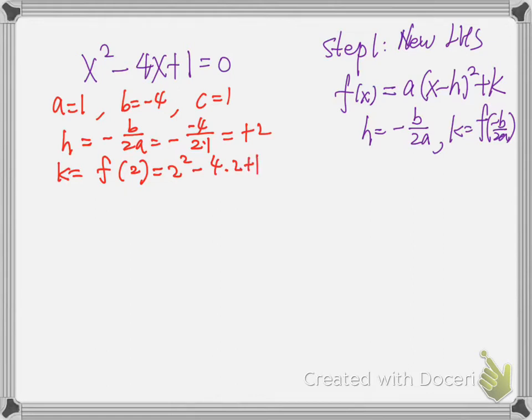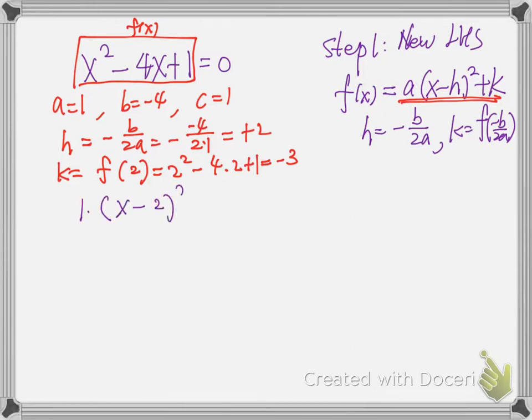So this is 4 minus 8, negative 4 plus 1, negative 3. Our new left hand side is 1 times x minus 2 squared minus 3 is 0.